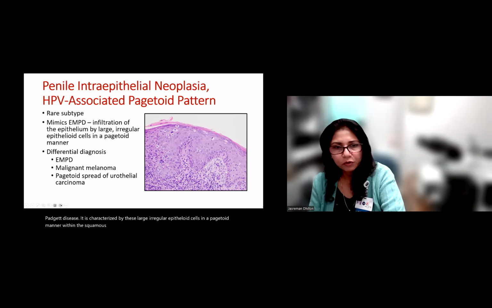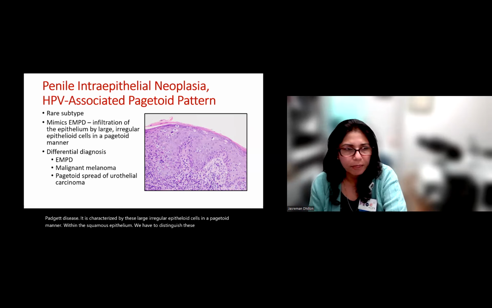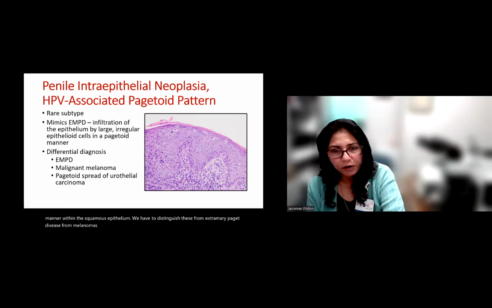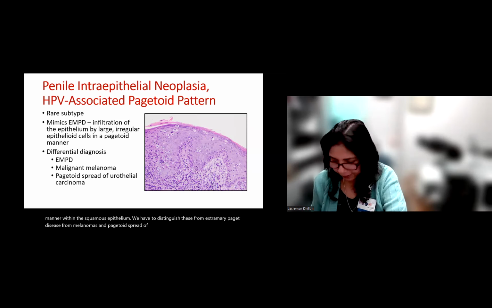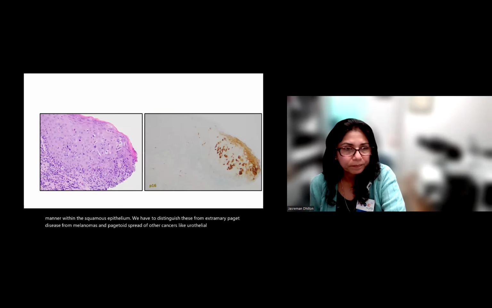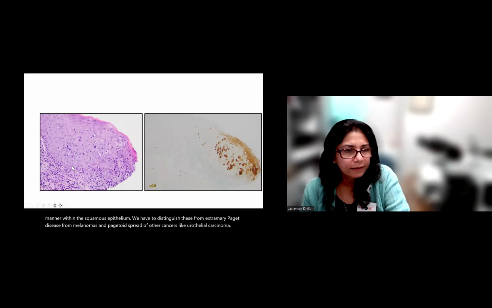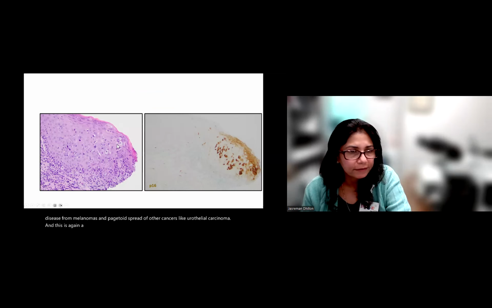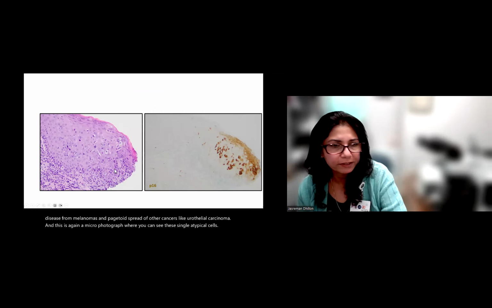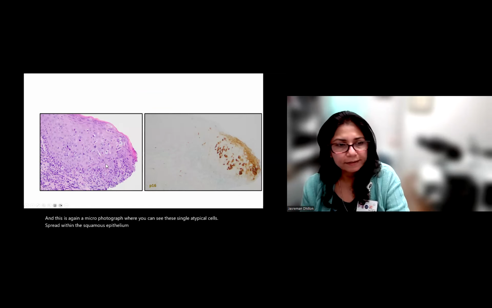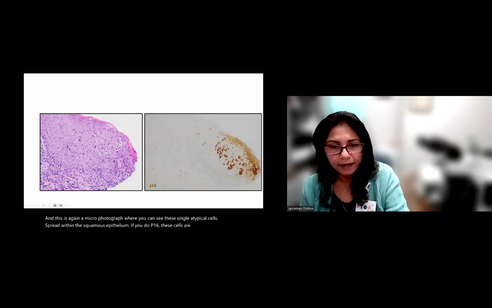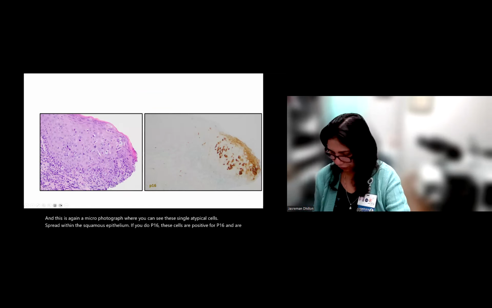We have to distinguish these from extramammary Paget disease, from melanomas, and from pagetoid spread of other cancers like urothelial carcinoma. This is again a microphotograph where you can see these single atypical cells spread within the squamous epithelium. If you do P16, these cells are positive for P16 and are also positive for high-risk HPV ISH.